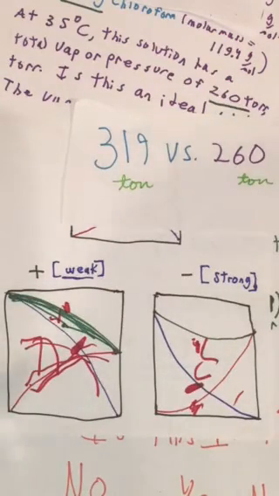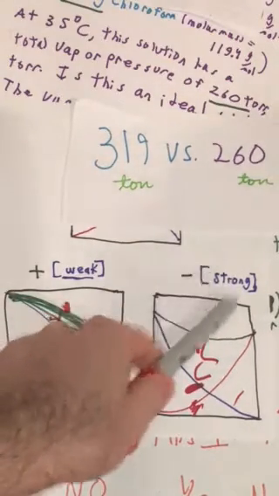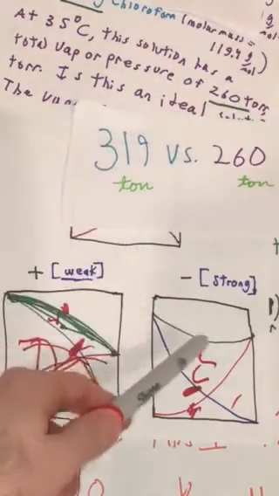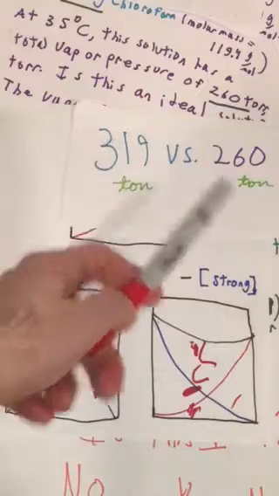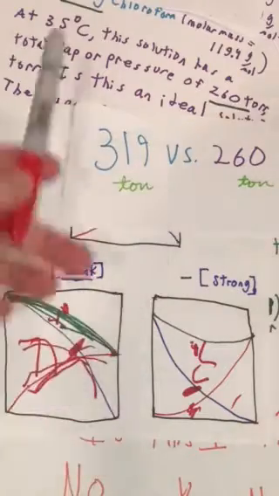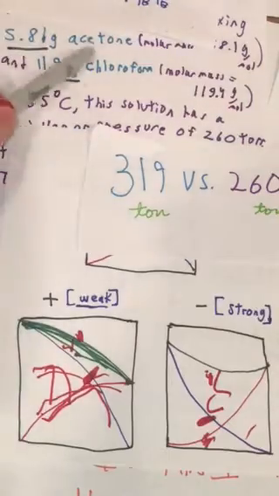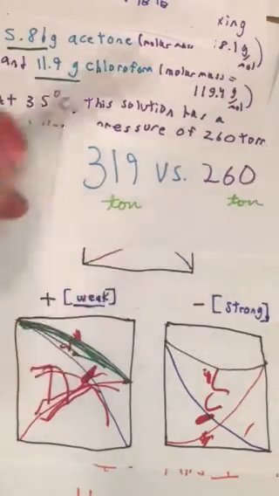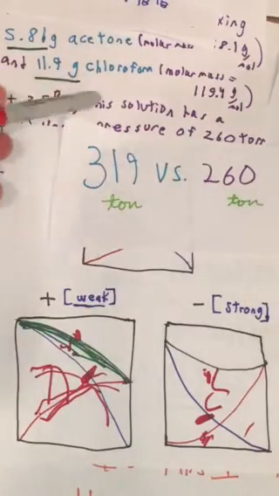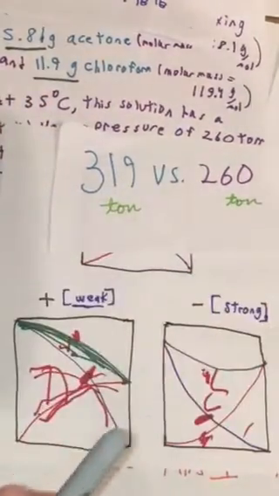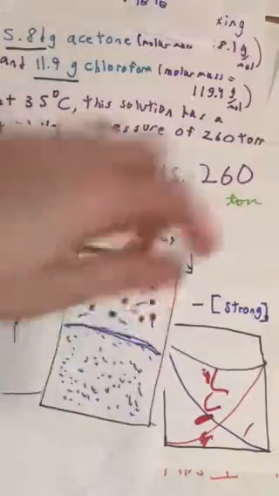Now the weak and strong, what's that mean? This means strong interactions, this means weak interactions. So when you have a negative deviation, that means you have very strong interactions between these two things, acetone and chloroform. In this case, these have very strong intermolecular interactions, which keeps these two things in here.